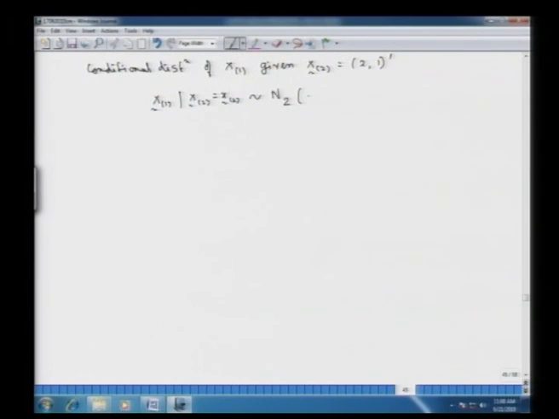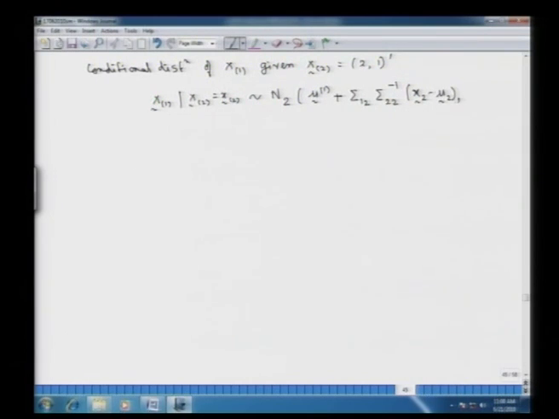So this multivariate normal, 2 dimensional, will have a mean vector as mu1 plus sigma 1 2 sigma 2 2 inverse times x2 minus mu2.